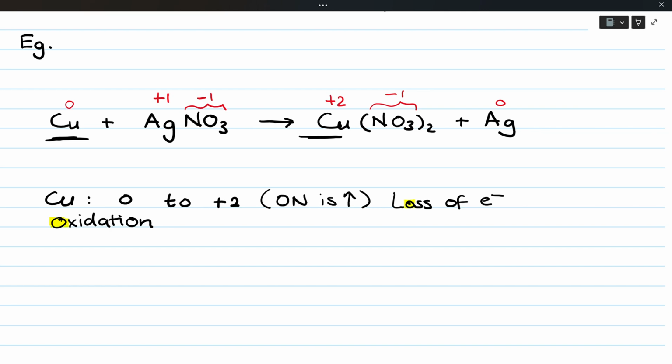There's another acronym that you can use, and I think it goes like OIL RIG. Okay, oxidation is loss, reduction is gain. So whichever you use, it's fine as long as you are able to correctly identify it. Okay, so we've just found out that copper is undergoing oxidation. While I'm here, I'm going to write down my oxidation half reaction.